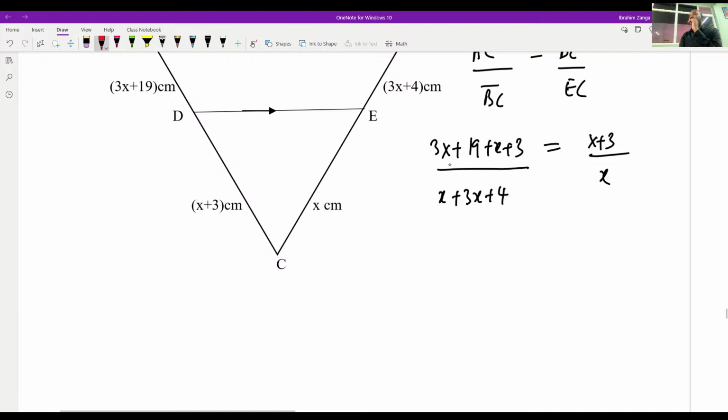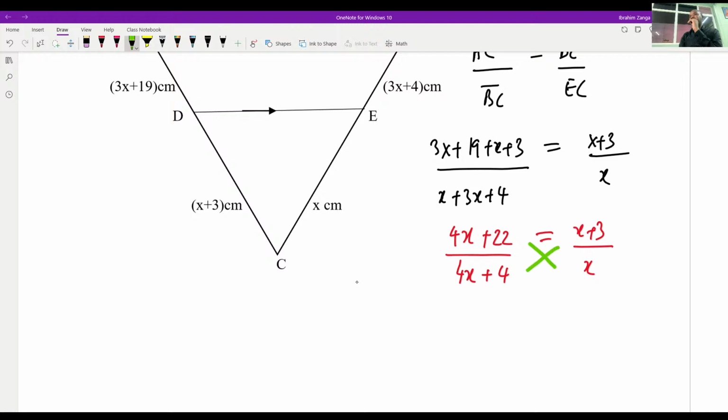Collecting like terms, we'll have 4x plus 22 divided by 4x plus 4 equals x plus 3 divided by x. Cross multiplication.